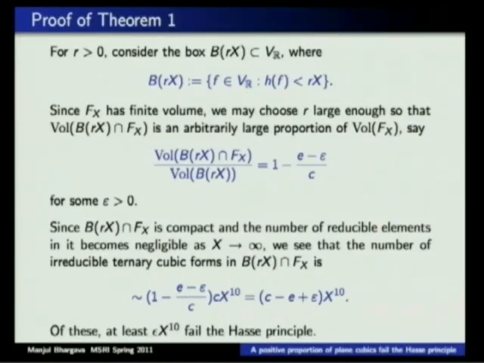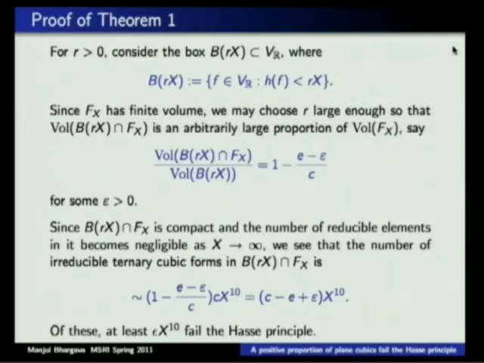So what we did is we produced a positive proportion of irreducible things that failed the Hasse principle in this fundamental domain. And then we just chose a big enough box so that we're sure that we will hit some of them. By choosing R large enough, some constant times x to the 10th actually fail the Hasse principle for some positive constant.